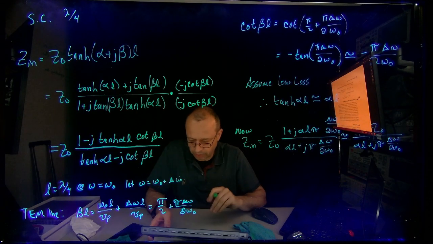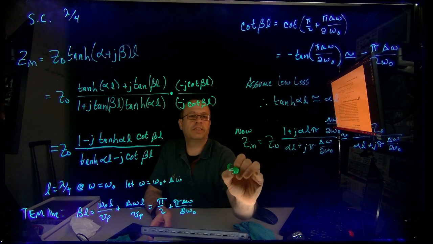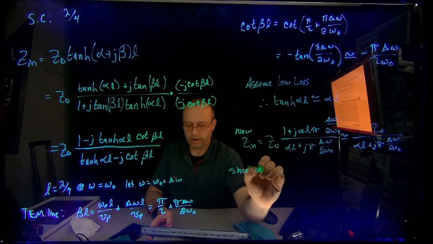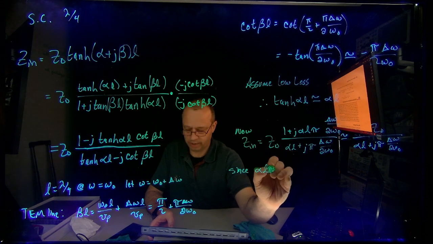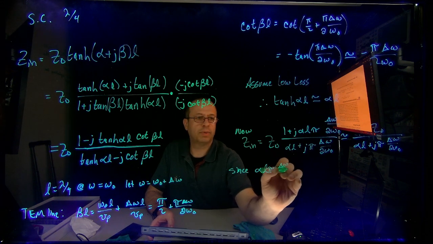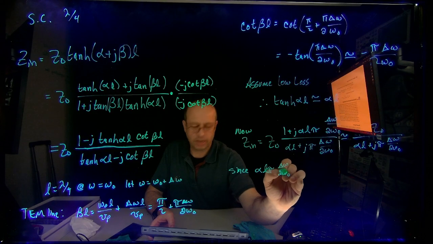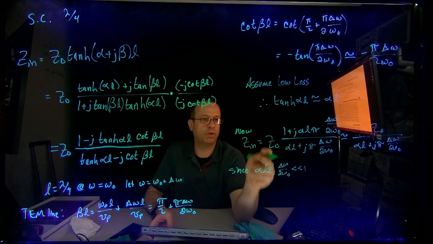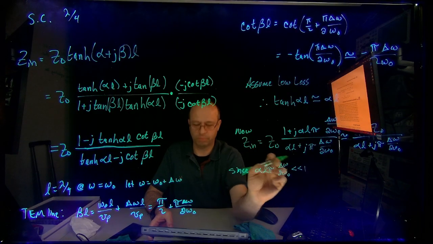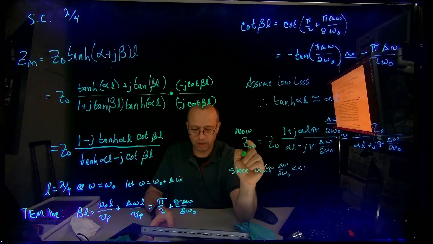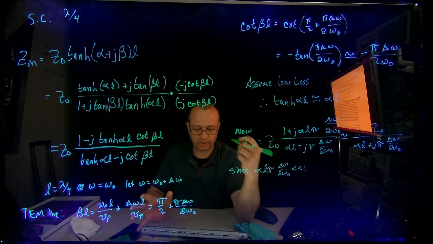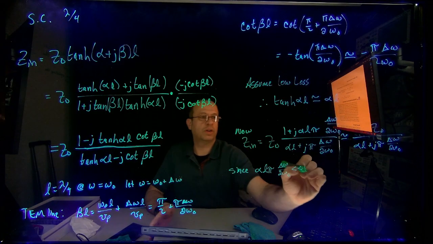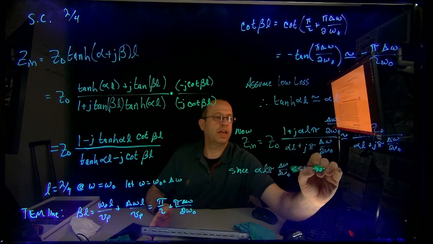Now, since alpha L times pi delta omega over 2 omega naught is much less than 1, we're going to state that that whole term is much less than 1. The result of this is the same as a parallel RLC circuit we did in the previous lecture.